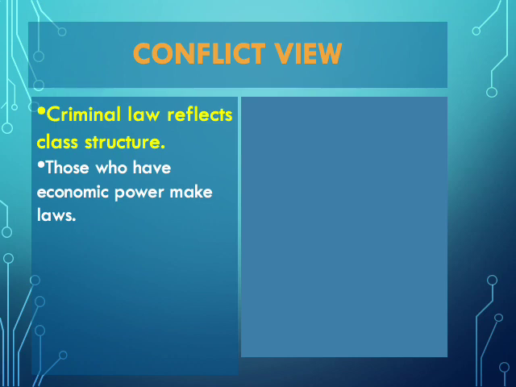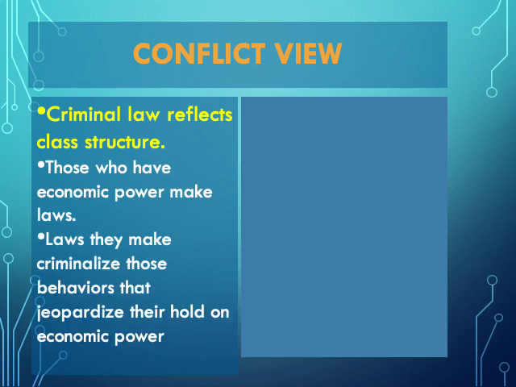From their perspective, those who have the most economic power are the ones who end up making laws, and the laws they make criminalize those behaviors that jeopardize their hold on economic power. In other words, criminal law is an extension of the economic power of those in lawmaking institutions like state legislatures and the federal Congress.